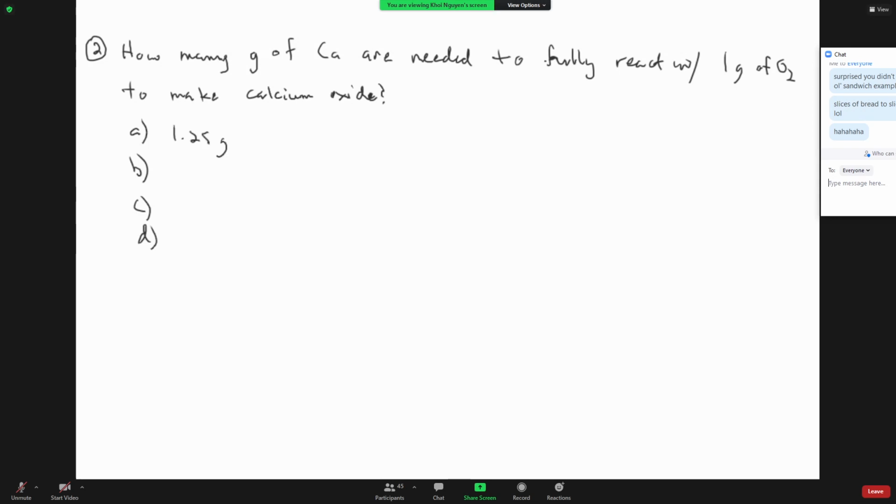Is it 1.25 grams, 2.50 grams, 3.0 grams, or 3.5 grams?